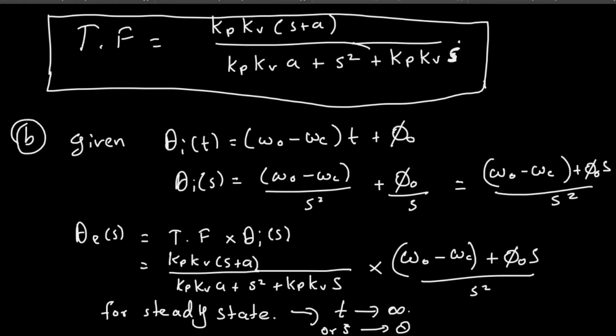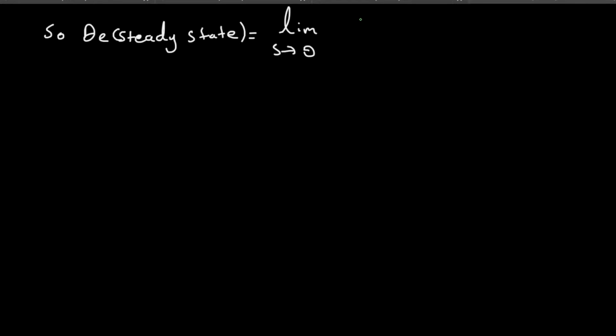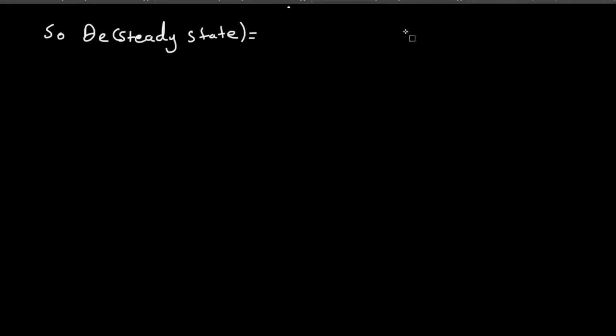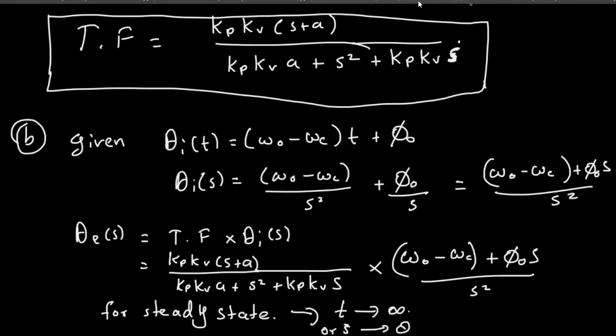For the first one, if I substitute 0 for the s values, this is going to be 0, so we are going to have kp kv a on the top. Okay, if I substitute, I shouldn't put the limit anymore. Let's remove this. But first I have to express it before I apply the limit. I didn't express it yet, so I have to write the whole thing first.